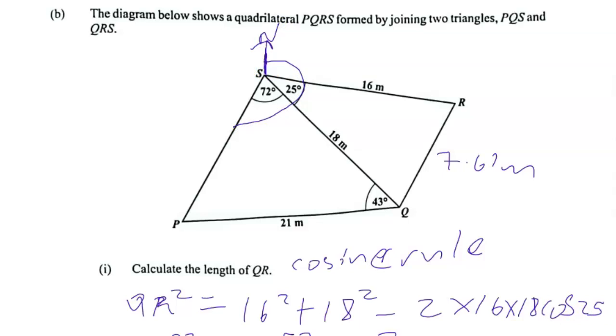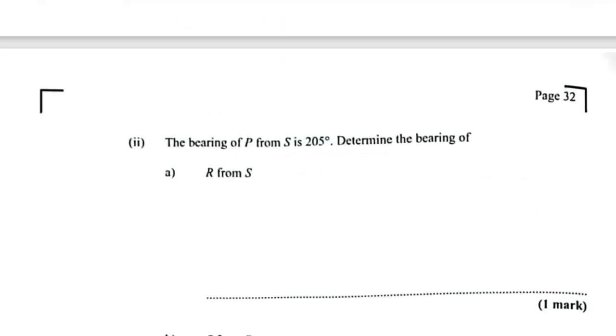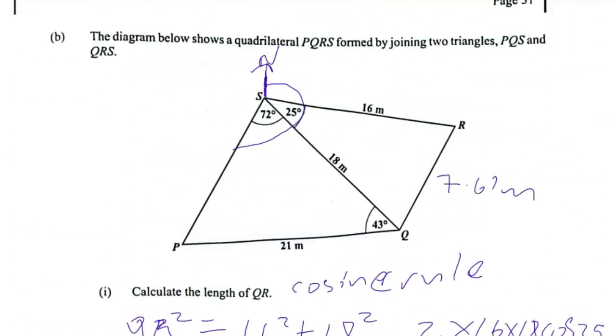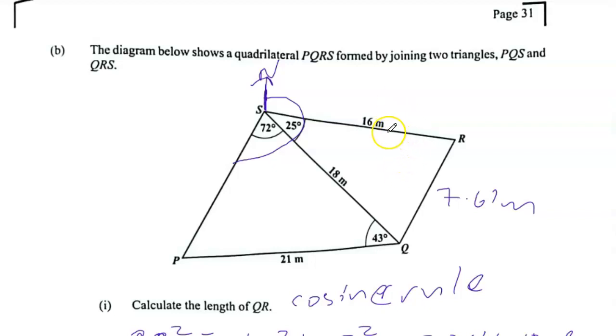So we are asked to find now the bearing of R from S. The bearing of R from S would be from the north of S. So what we want is this angle. Now the entire angle is 205.